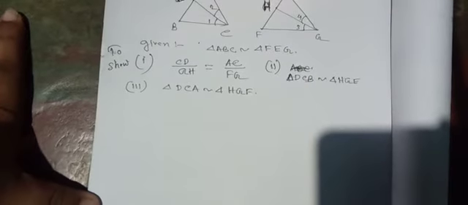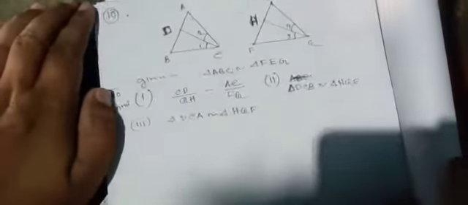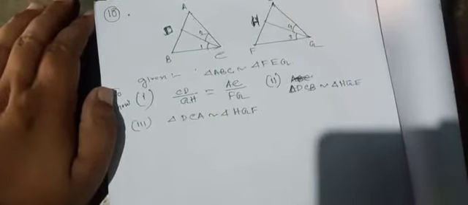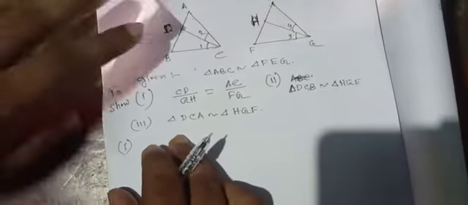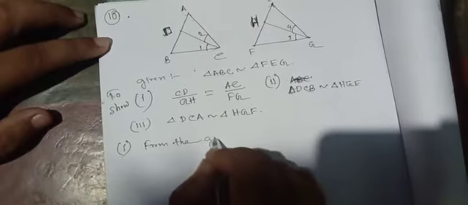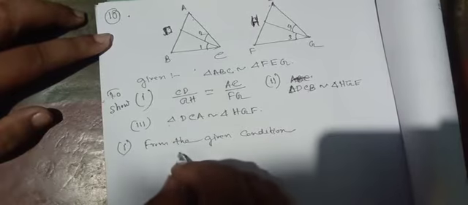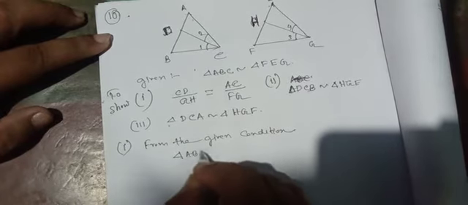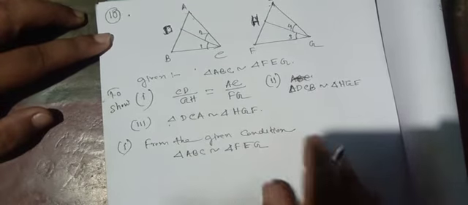Now from the given condition, triangle ABC is similar to triangle FEG. It is given.